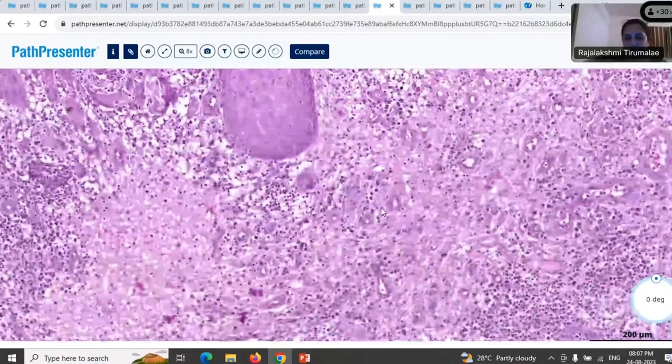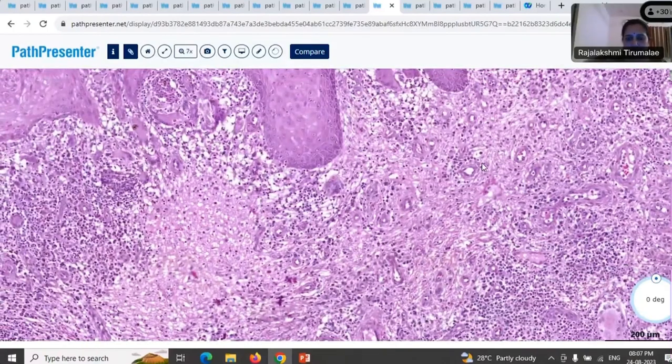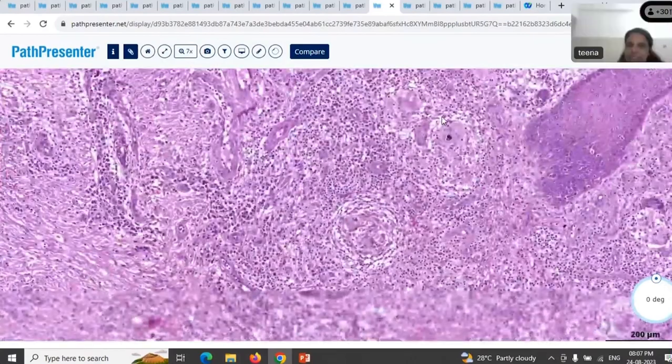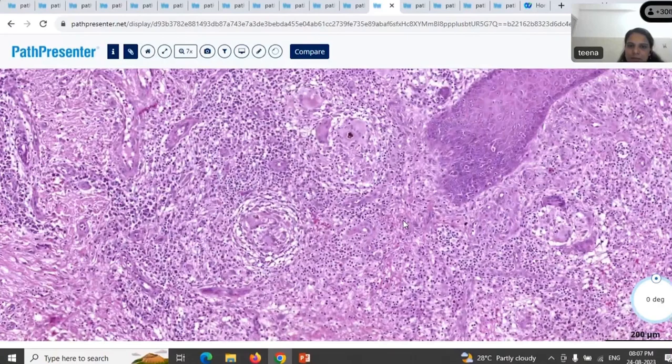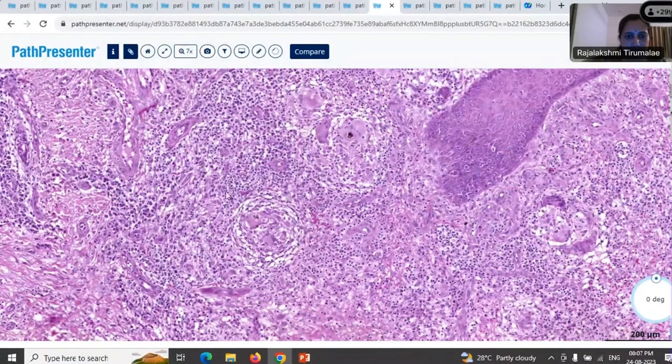Lymphocytes. Predominantly forming something else? Any other term that you could use? There's one more here. What would you call these aggregates? Granuloma. Yes, you're right. So that is a granuloma.